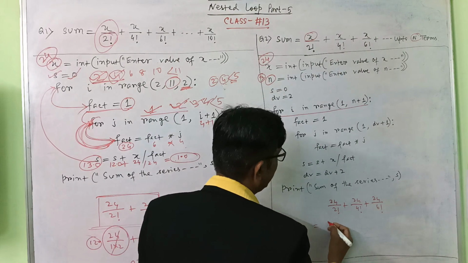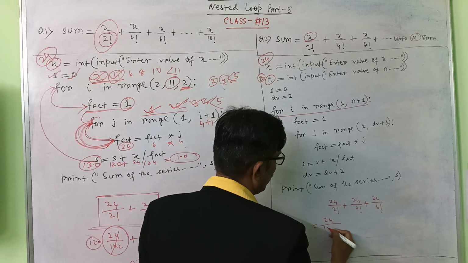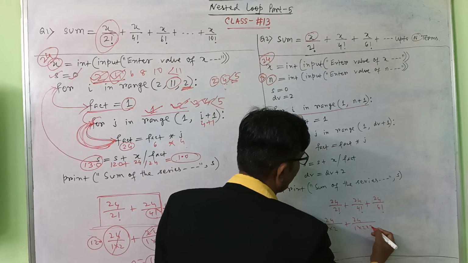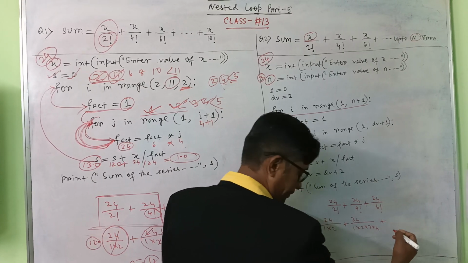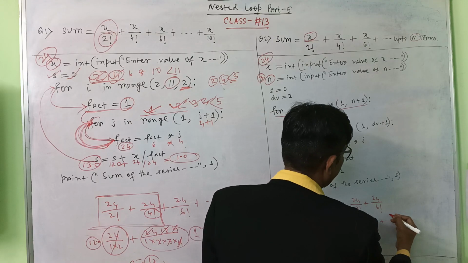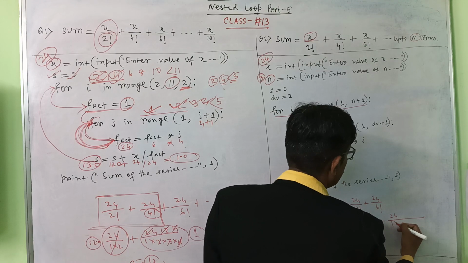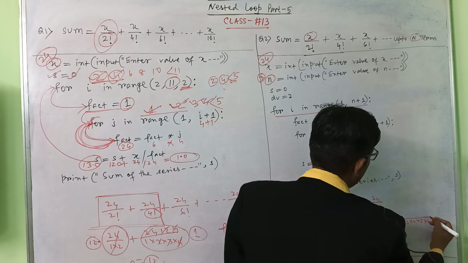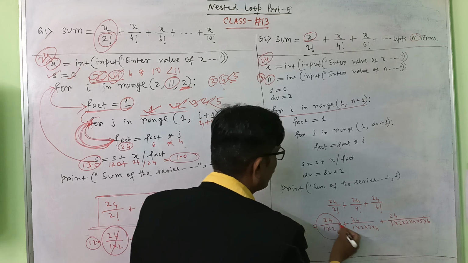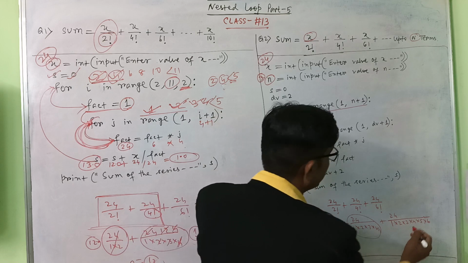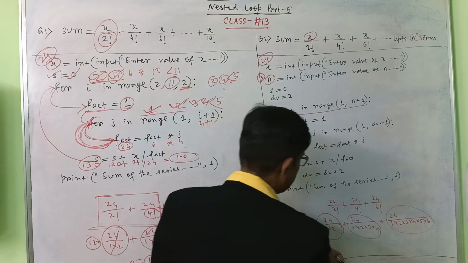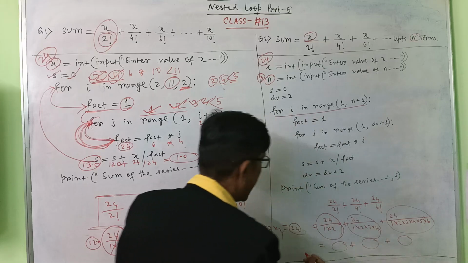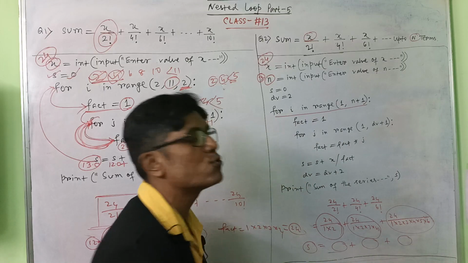So let's see, that means we are doing 24 by 1 into 2, plus 24 by 1 into 2 into 3 into 4, plus 24 by 1 into 2 into 3 into 4 into 5 into 6. So you can understand, after performing this, the results we get we have to sum, and finally we will store that into S.